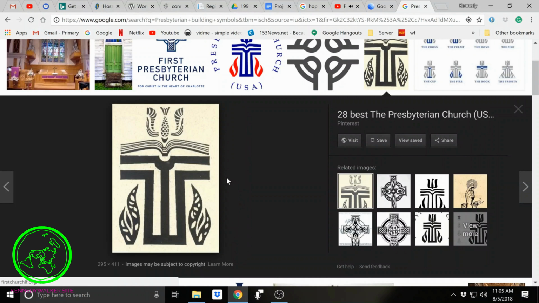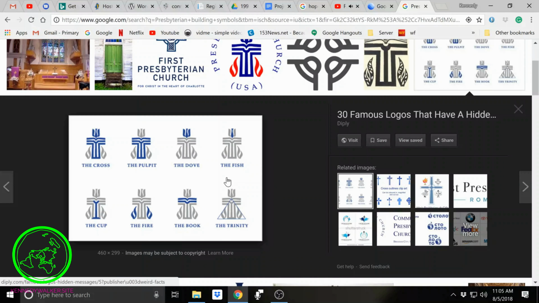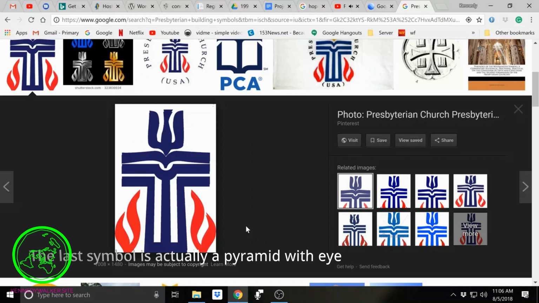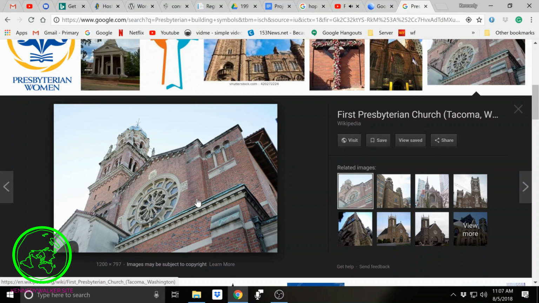So apparently this is what they advertise as the meaning of their symbol: the cross, the pulpit, the dove, the fish, the cup, the fire, the book, and the Trinity. That could be right there. Can't quite make it out.